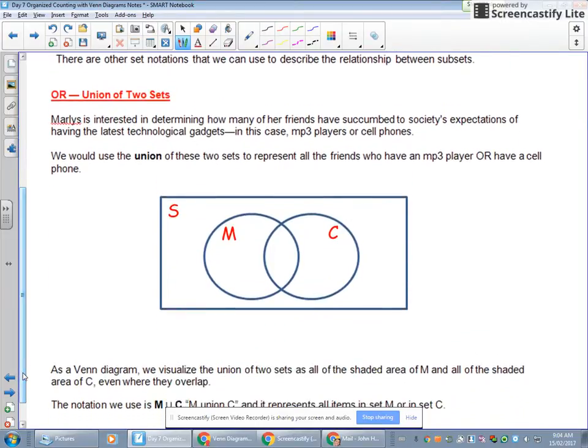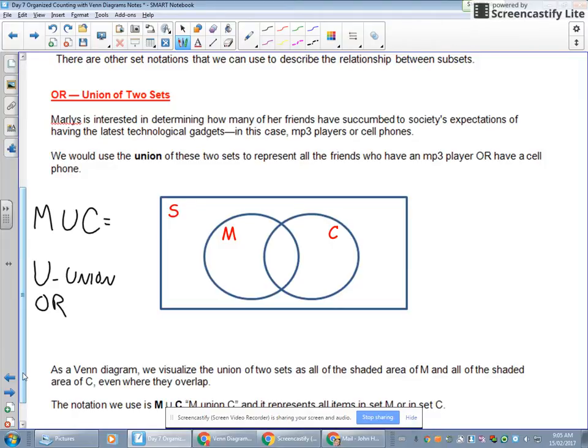Now we've got our OR. Instead of the intersection, we're going to call it the union of two sets. So in this particular case, if I'm talking about the number of students that have an MP3 player or have a cell phone, we call that the union. And the nice thing is now we're using a U. We can think of that as being the union. This refers to OR.